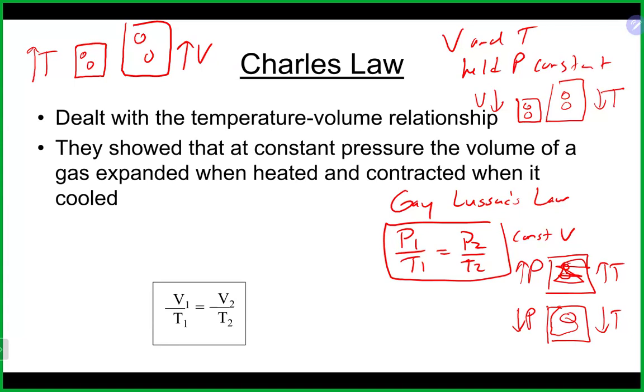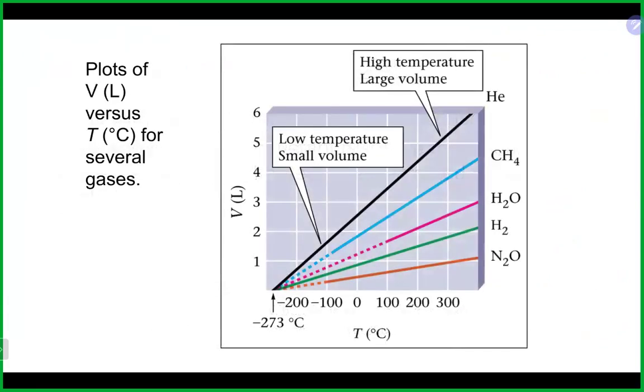One of the interesting relationships that we see in Charles' law is that if you make a plot of the volume versus the temperature, it will give you straight lines.